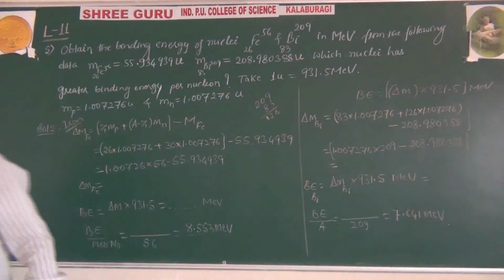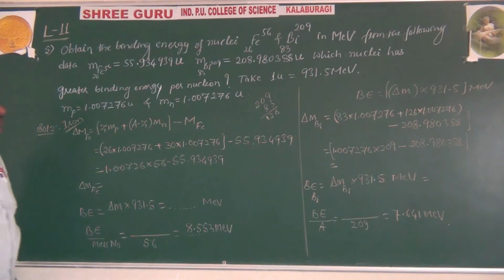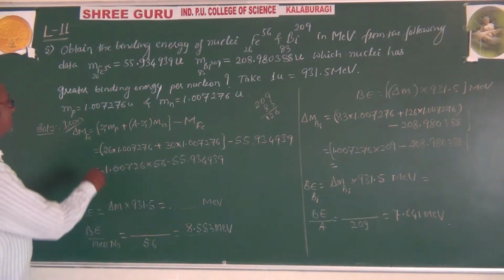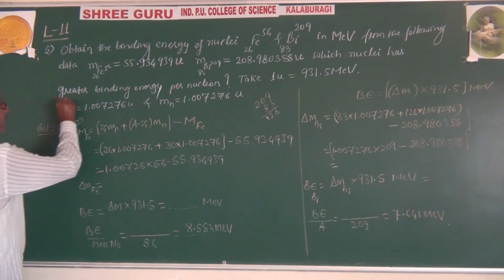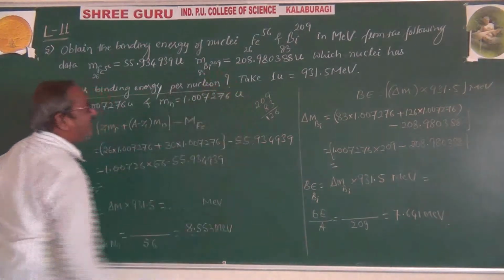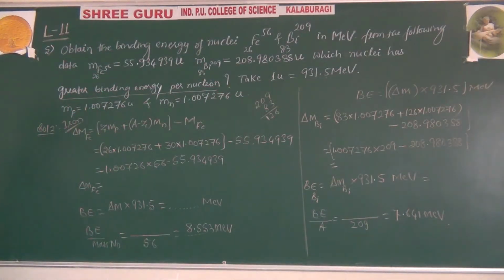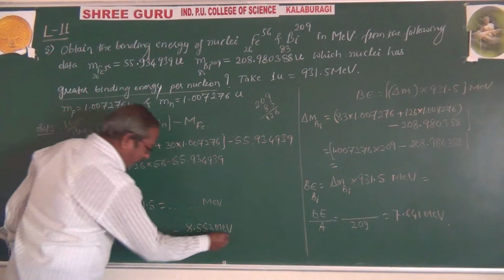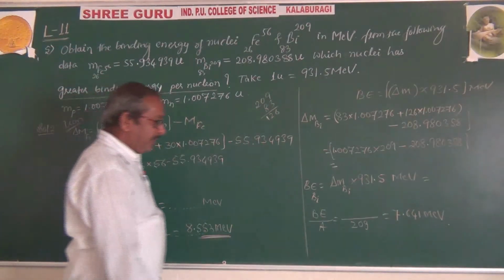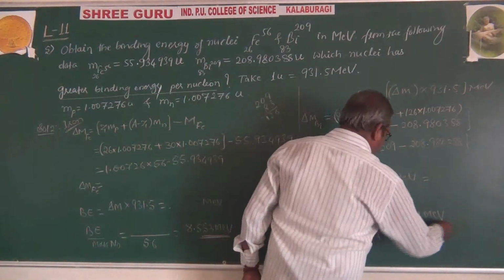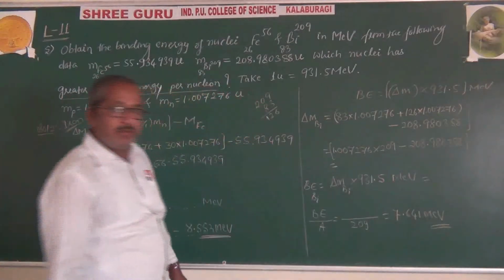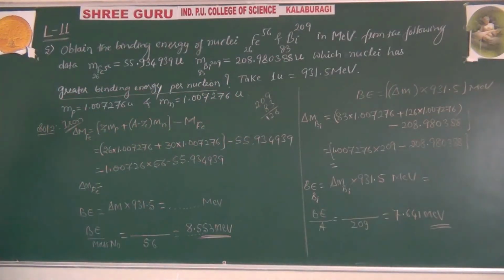And keep in mind, here is the question they asked after finding this: which nuclei has greater binding energy per nucleon? Here is the binding energy per nucleon for iron. Here is the binding energy per nucleon for bismuth. Which one is greater? Iron will be greater.